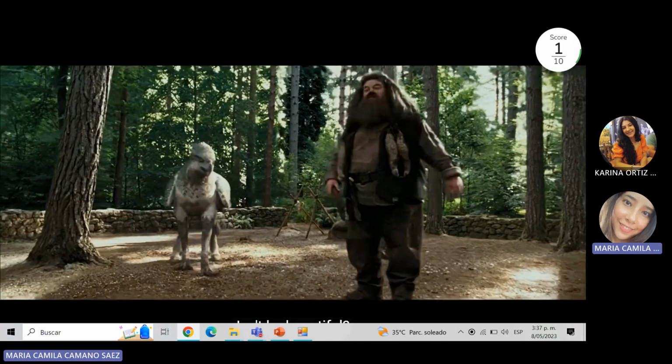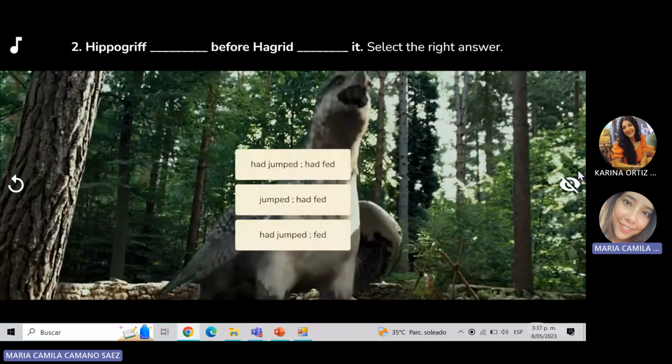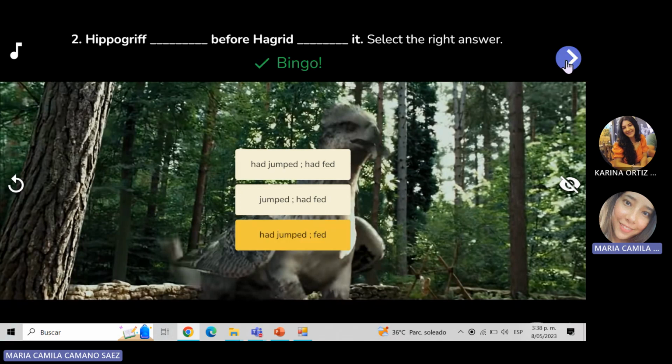Okay, hippogriff before Hagrid. Had jumped, the last. The last one, the third one. Yes.